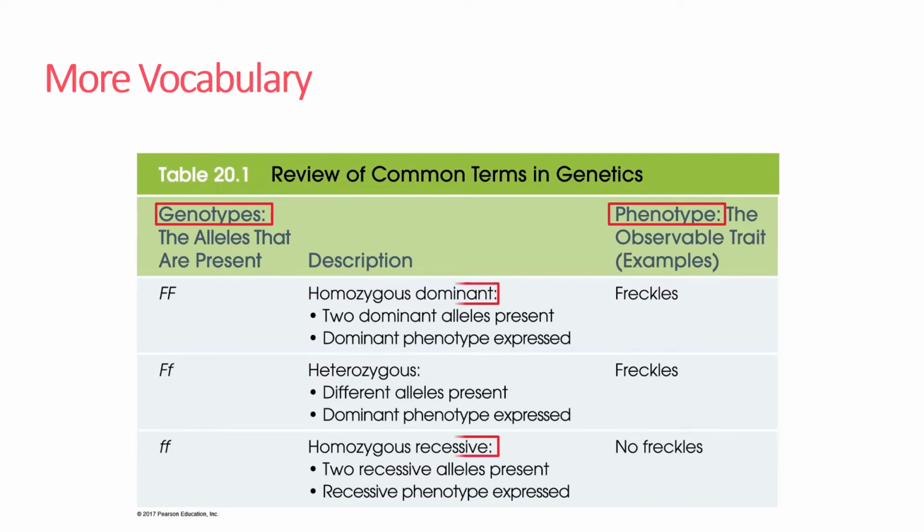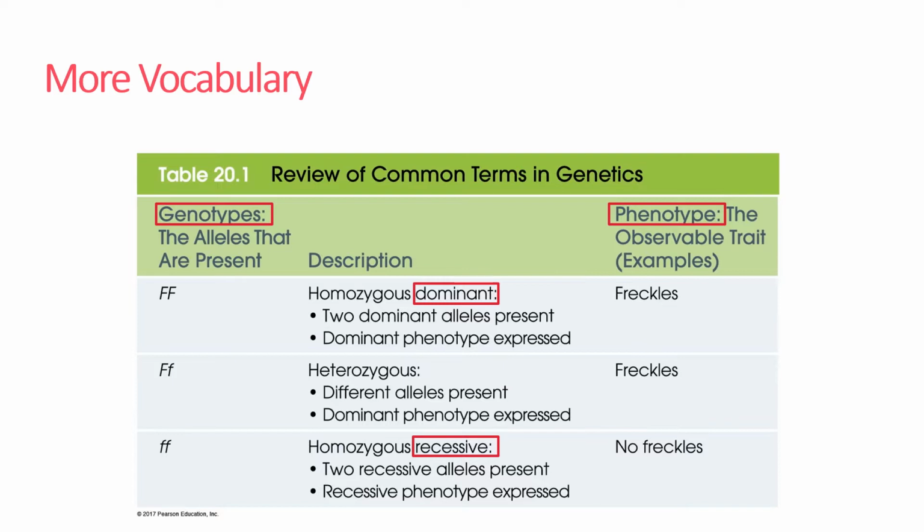Alleles can be either dominant or recessive. An allele is dominant if it overshadows the appearance of the other. An allele is said to be recessive if it is able to be overshadowed by another version.